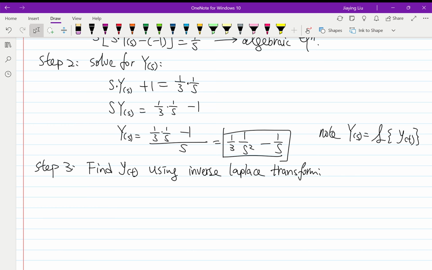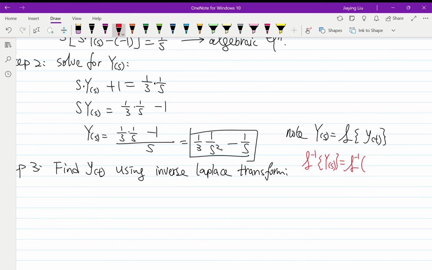So if you go back here, Y of s is the Laplace transform of y of t. So if I apply an inverse Laplace to both sides, I should have the inverse Laplace of Y of s equals the inverse Laplace of the Laplace of y of t.